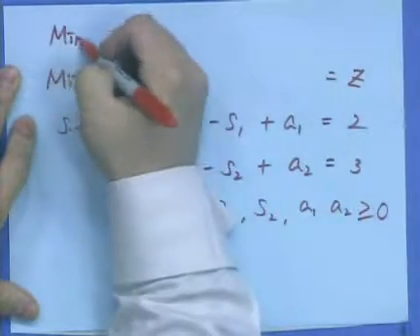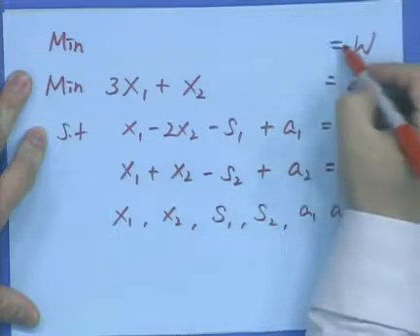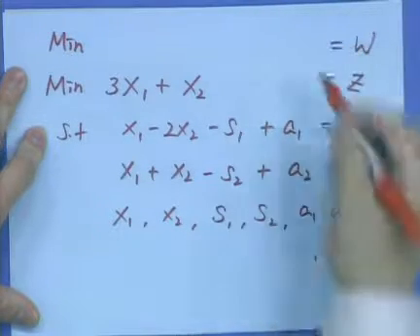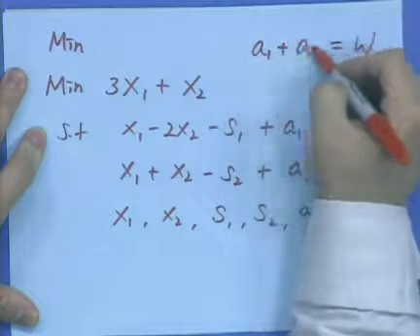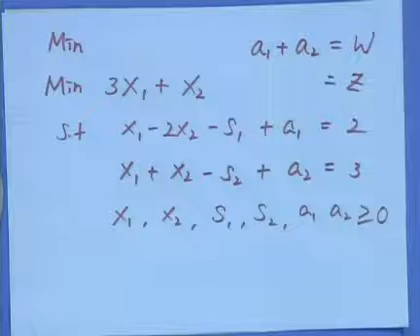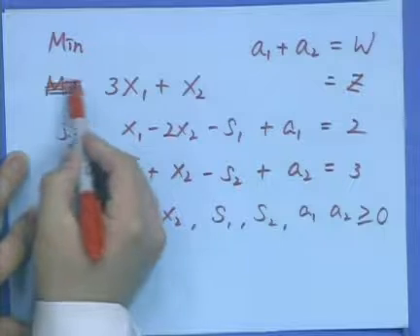So the phase 1 objective will be added, set equals W, the sum over all the artificial variables, right? And for now, we need to ignore the original objective function for a while.